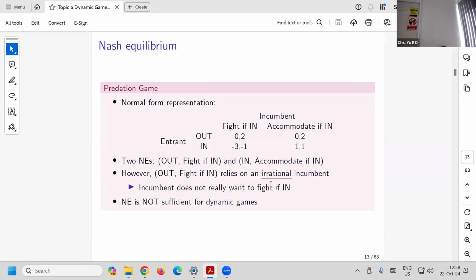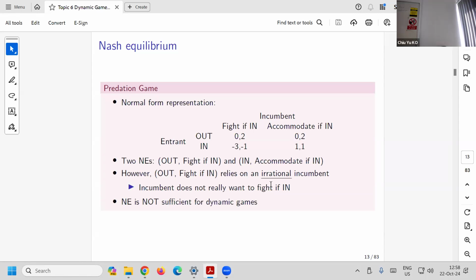The idea is that these two outcomes are equally probable. The question is, if the entrant comes in, do I actually want to fight? If fight, the payoff is very low, -1.